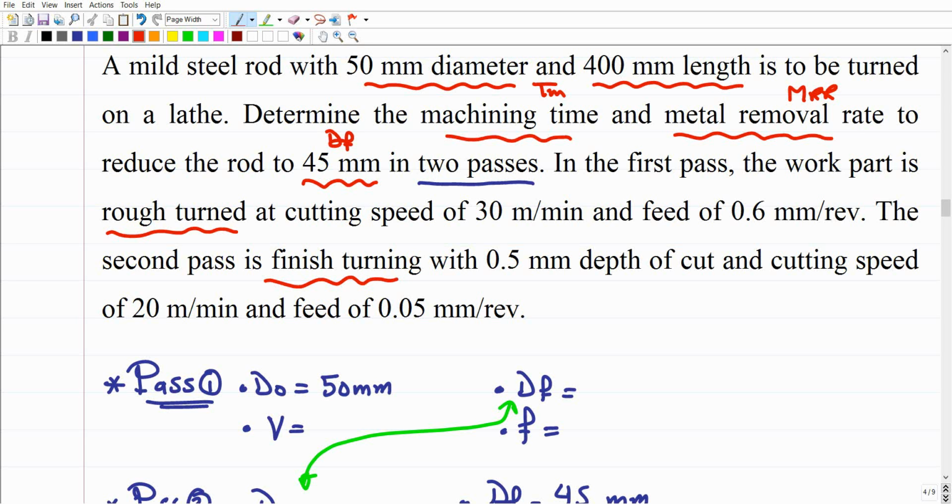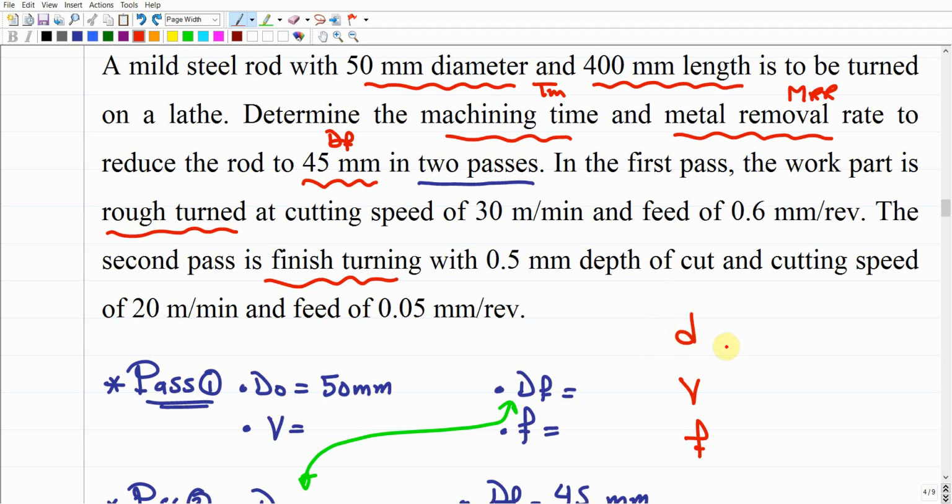Something you should understand in general for any machining operation, and we already discussed these things quickly in the previous videos. To have a finished surface, we said there are three essential machining conditions: the depth of cut, the cutting speed, and the feed. These three parameters control the quality of the surface.